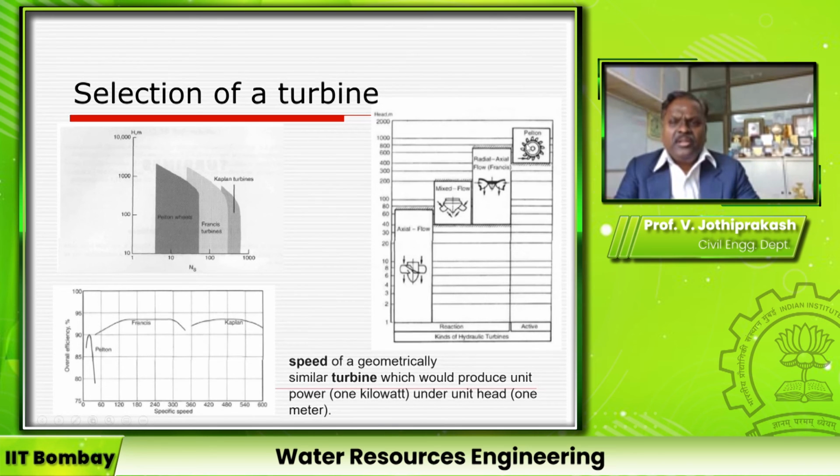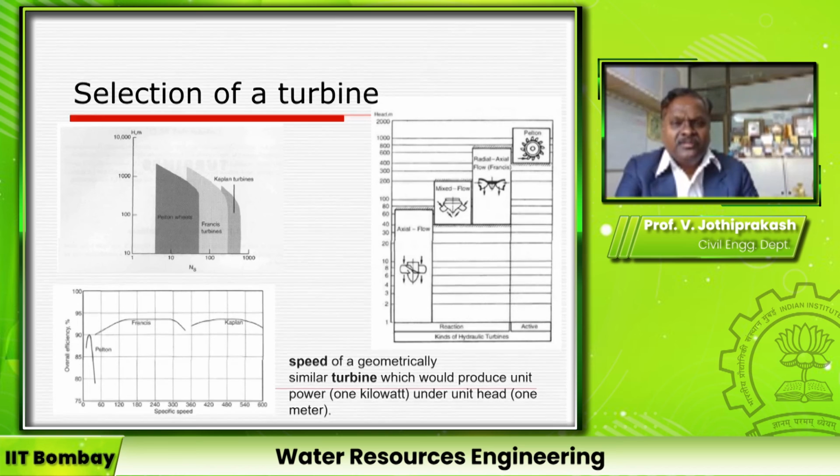Pelton wheels are very useful when the head of water is very high, and it's an impulse turbine. Francis turbine, that is radial and axial flow, is for medium head. If the head of the water available is low, then you go for axial flow reaction turbines. These are simple guidelines for selecting the type of turbine for your hydroelectric power plant.